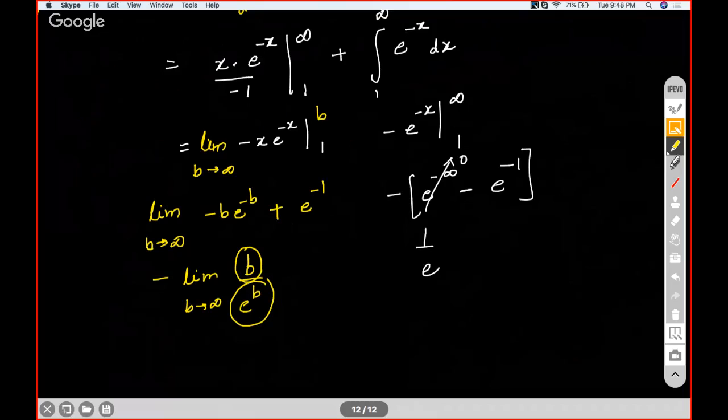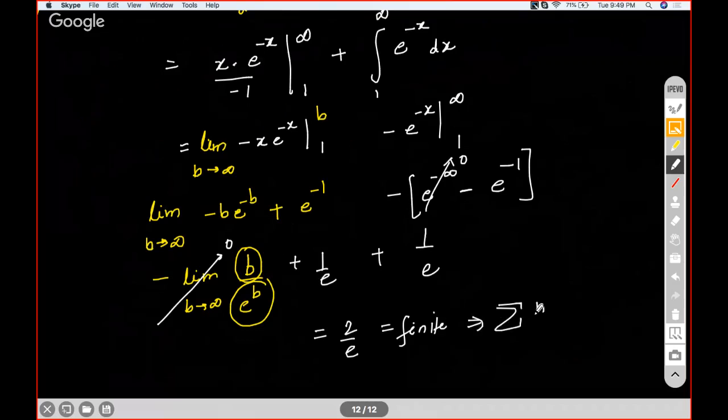So this entire limit will be 0, leaving you with 1 by e and 1 by e at both the places. So the answer will be 2 by e, which is a finite quantity. So this implies this series converges. You get that?